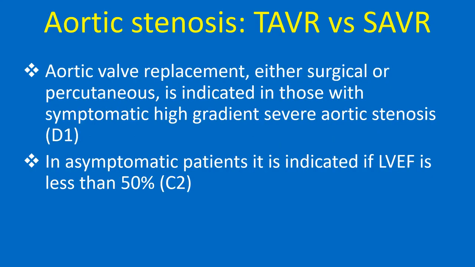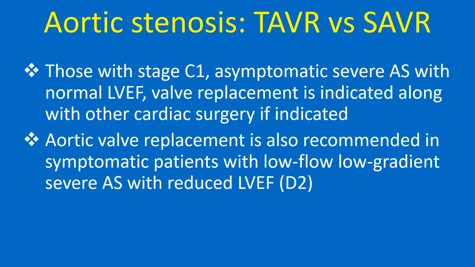Aortic valve replacement, either surgical or percutaneous, is indicated in those with symptomatic high gradient severe aortic stenosis D1. In asymptomatic patients, it is indicated if LVEF is less than 50%, C2. Those with stage C1 asymptomatic severe AS with normal LVEF, valve replacement is indicated along with other cardiac surgery if indicated.